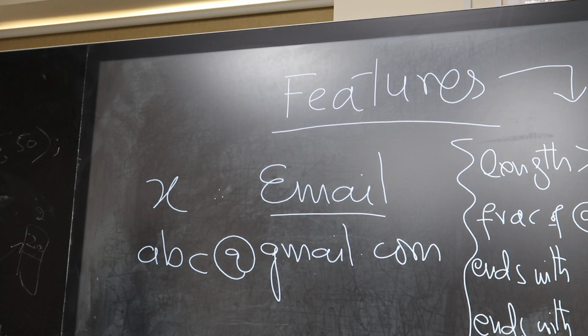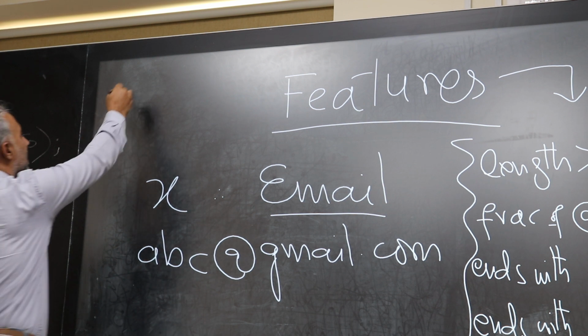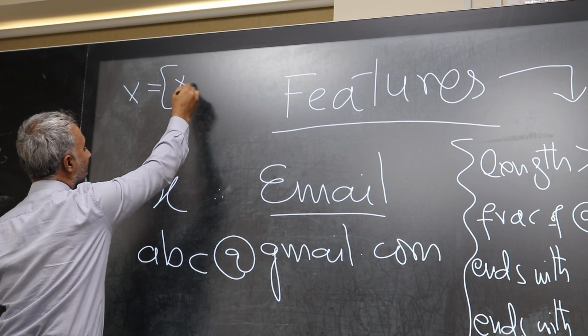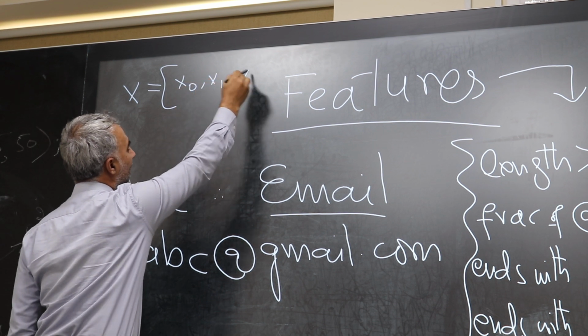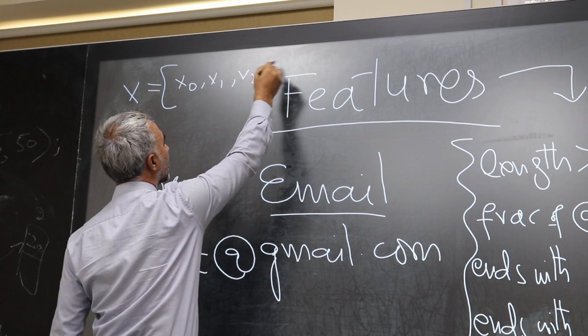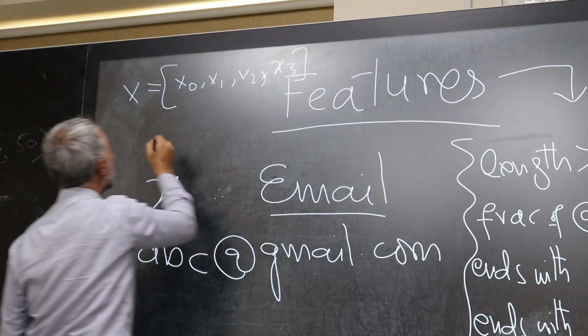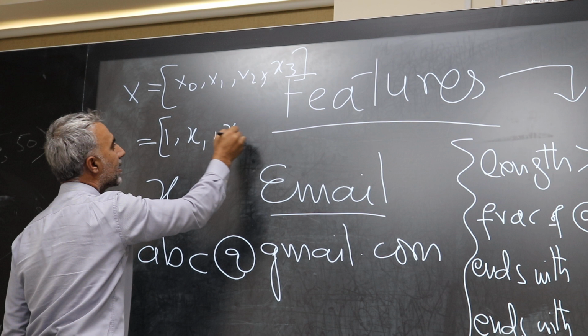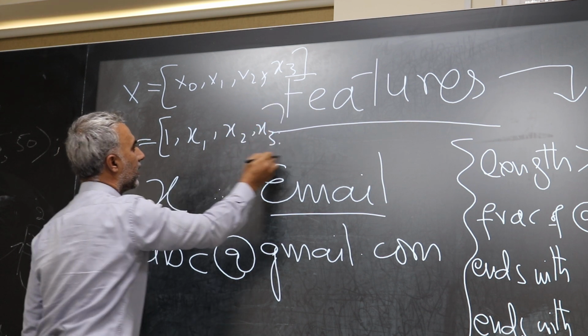So now I talked about the features. Of course, these are some kind of variables of the features. They can be changed, but we are representing them with some vector x: x1, x2, x3. You remember that x1, x2, x3.